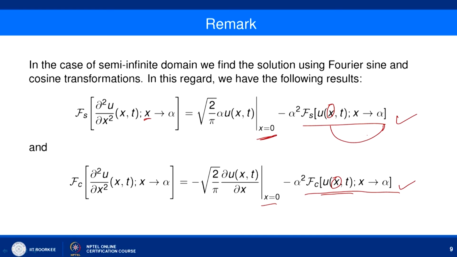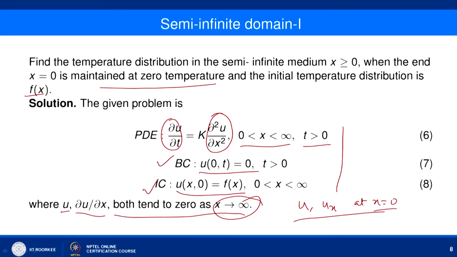If you look at these two formulas, if we apply the Fourier sine transform, then I need the value of u at x equal to 0, but if we apply the Fourier cosine transform, then I need the value of ∂u/∂x at the point x equal to 0. This will give you the idea whether I should apply the Fourier sine transform or the Fourier cosine transform. Here the condition u(0,t) equal to 0 is given.